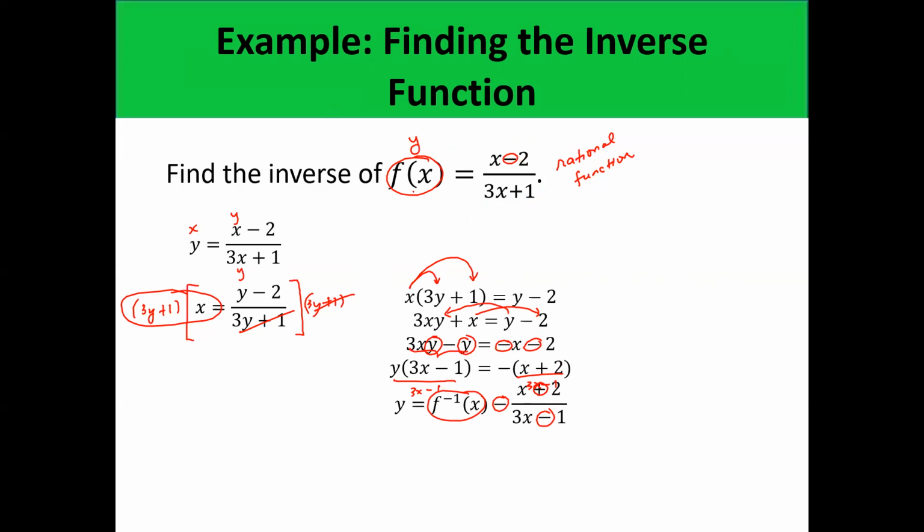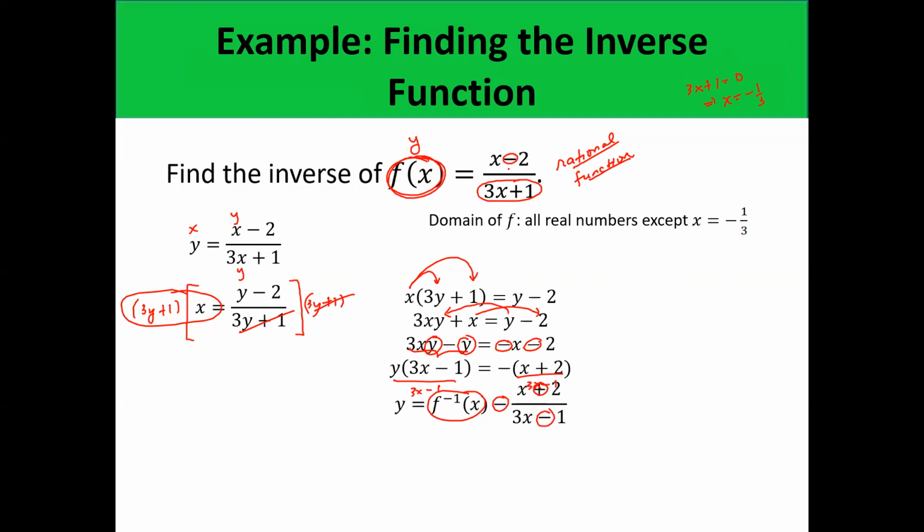What's the domain of this function? Since this is a rational function, the domain will be the set of all real numbers except the x values that will make the denominator 0. If we equate 3x + 1 to 0, that implies x = -1/3. So the domain of f is the set of all real numbers except x = -1/3.